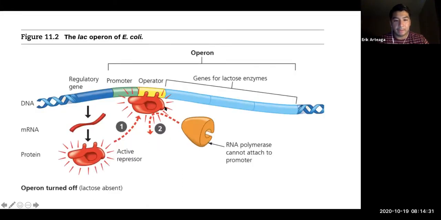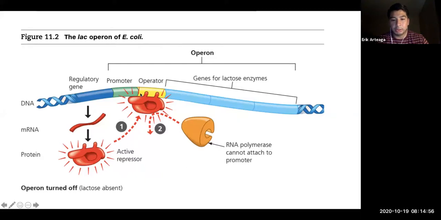Okay, so here you have an active repressor, right? Let's just say this is the lac operon. This is repressing the gene that produces a protein that breaks down lactose, so it makes lactase, right? This is only going to be unbound from the DNA if lactose is present.